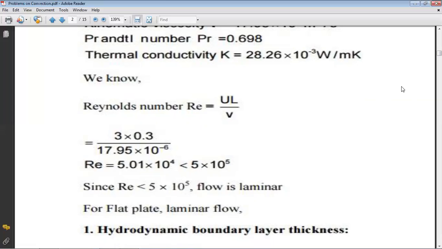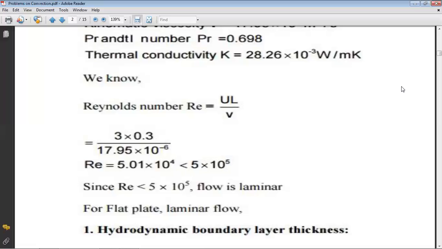In this case, he has asked us to calculate at x equals 300 mm, which results into 0.3 meter. If you substitute the value of kinematic viscosity as 17.95 into 10 raised to minus 6, you will have a Reynolds number of 5.01 into 10 to the power 4, which is less than the critical Reynolds number 5 into 10 raised to 5.